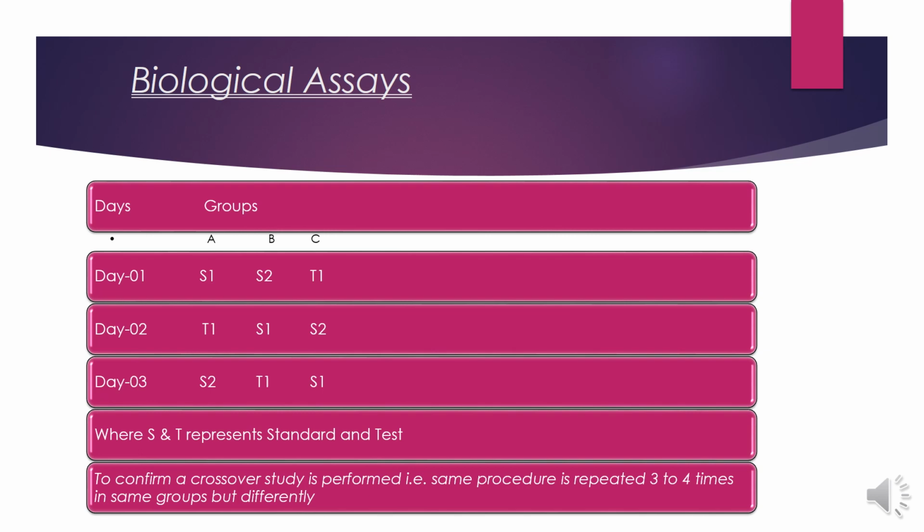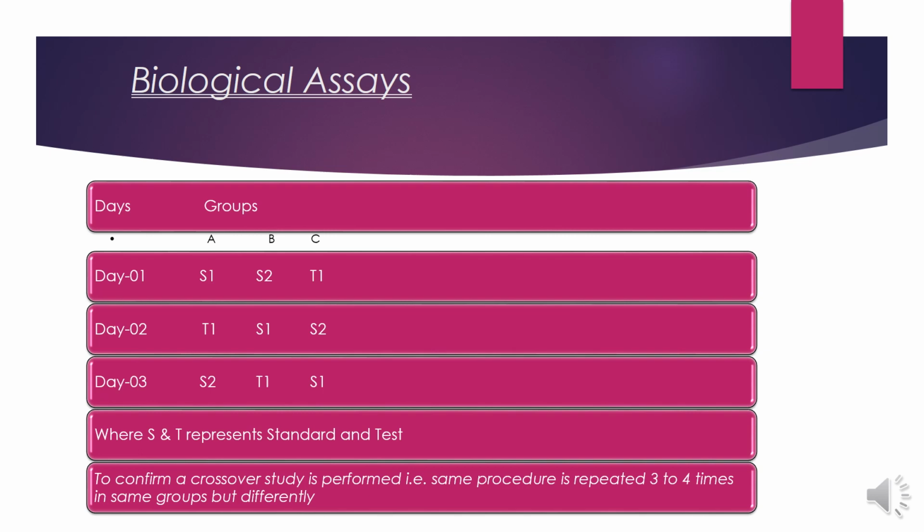So a complete crossover test is there. Like on day 1, group A will receive standard 1, B will receive the standard 2 dose, and C will receive the test dose. Similarly on day 2, A will receive the test dose and its response will be tested, B will receive standard 1 and C will receive standard 2.